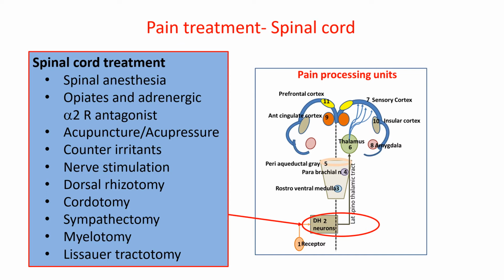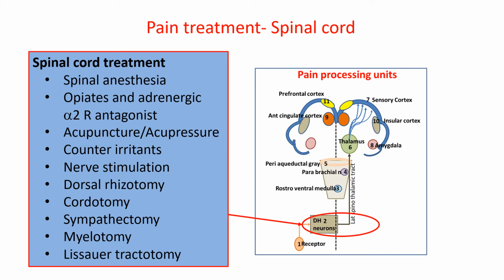Acupuncture and acupressure also relieve the pain. These are some of the strategies. The counter irritants, similar to acupuncture and acupressure, or nerve stimulation, same principle, that would relieve the pain.